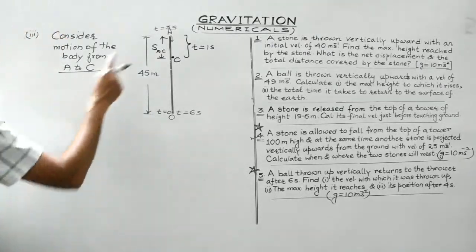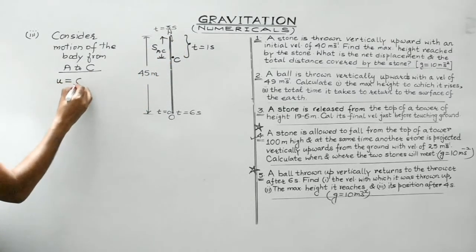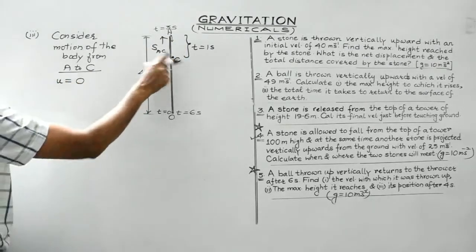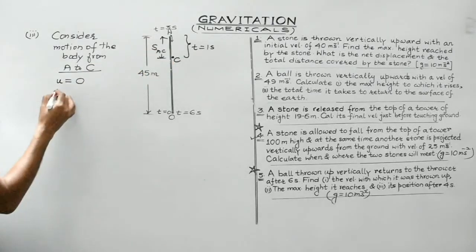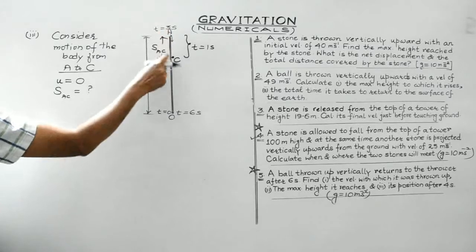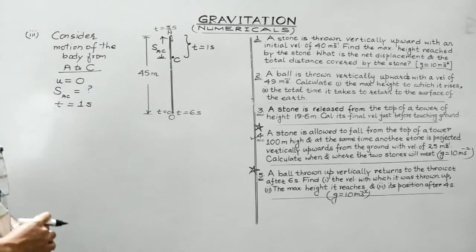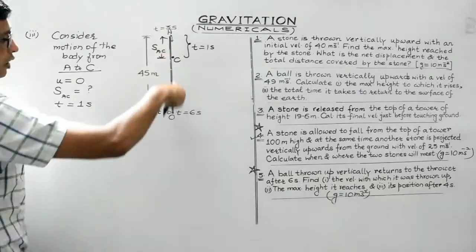Clear? So at point A, we are aware the velocity is 0. So A is the initial point, so U is 0. At point C, total distance covered is S_AC, that is to be determined. And from A to C, the time elapsed is 1 second. Clear?